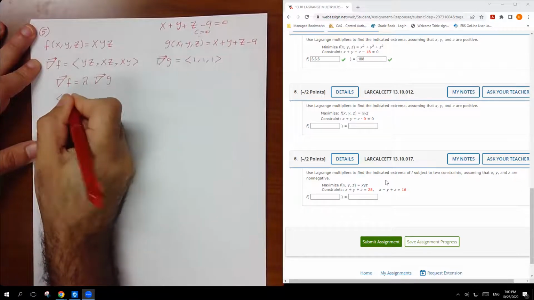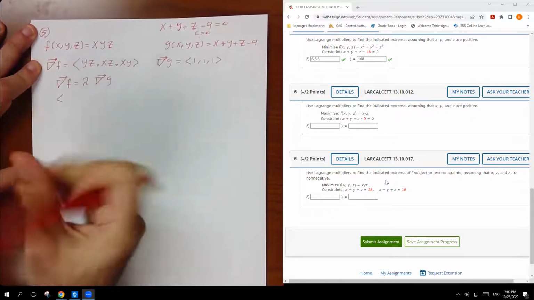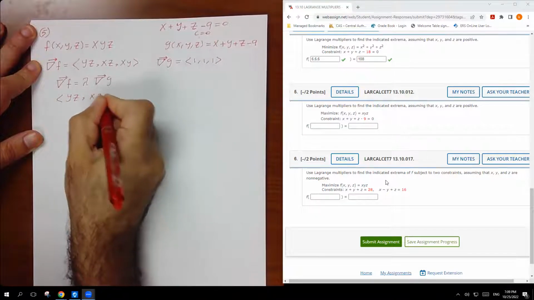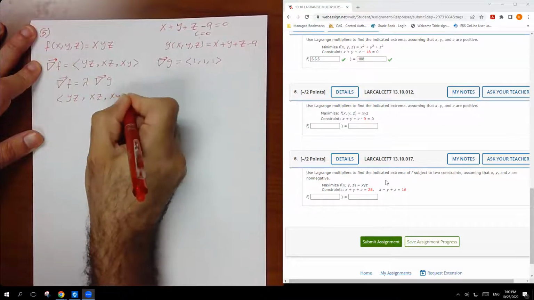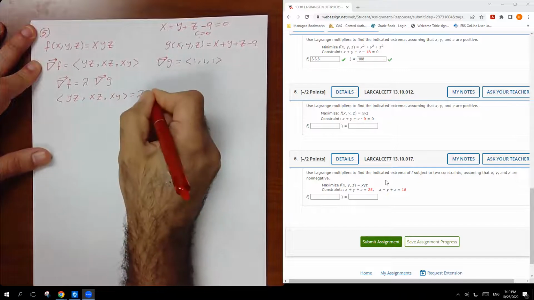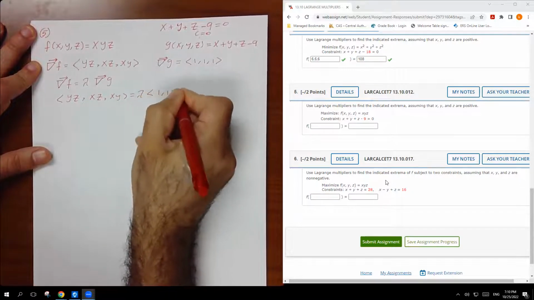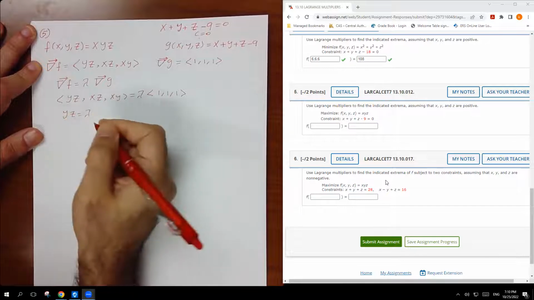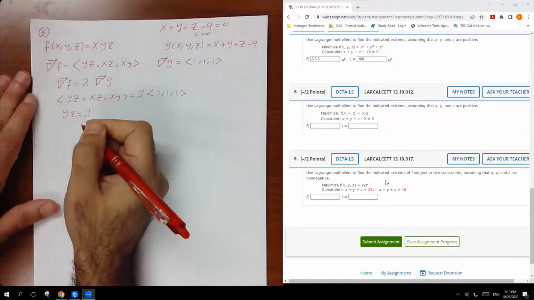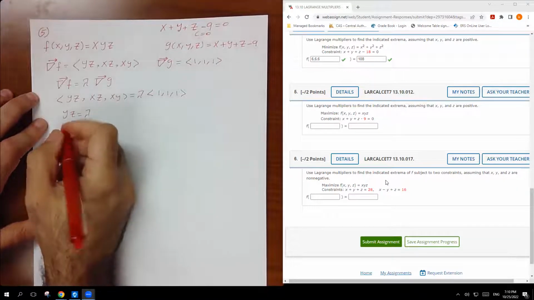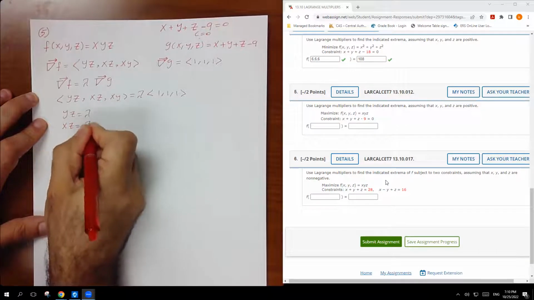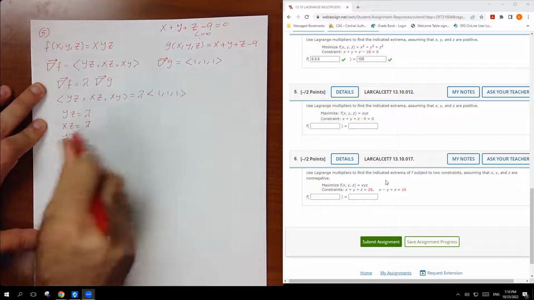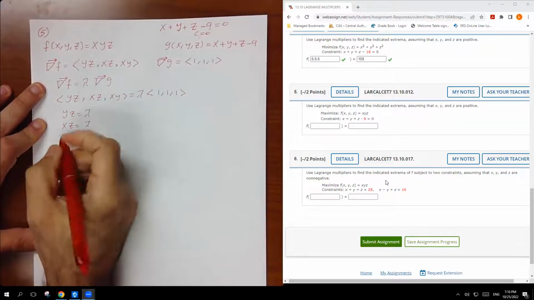That means (yz, xz, xy) is going to be equal to lambda times (1, 1, 1). So yz is going to be equal to lambda, xz is going to be equal to lambda, and xy is going to be equal to lambda.